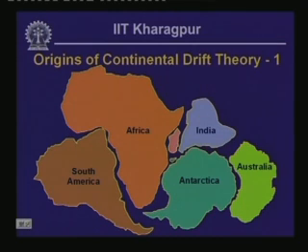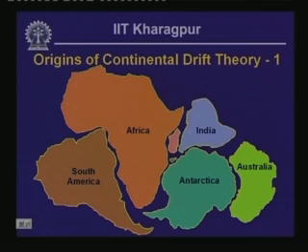You can see that what we tried to do here is fit together the land masses of South America and Africa just by moving them together and fitting them like a jigsaw puzzle.